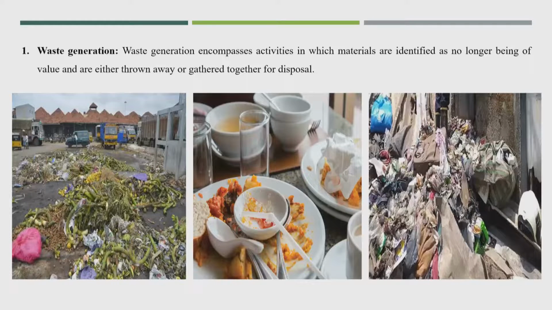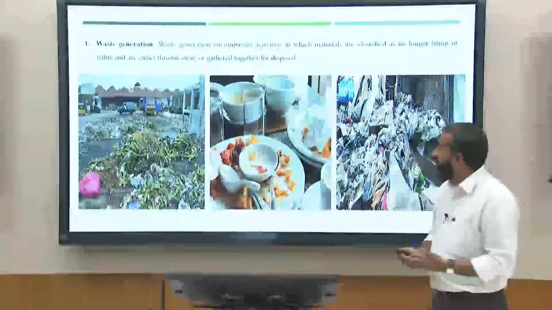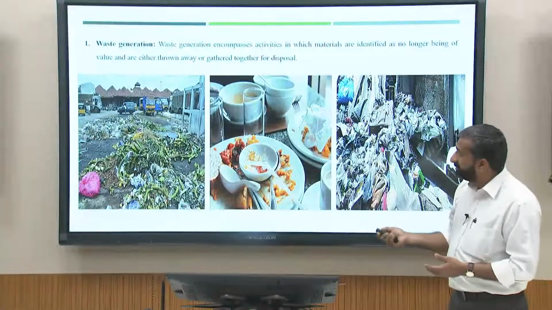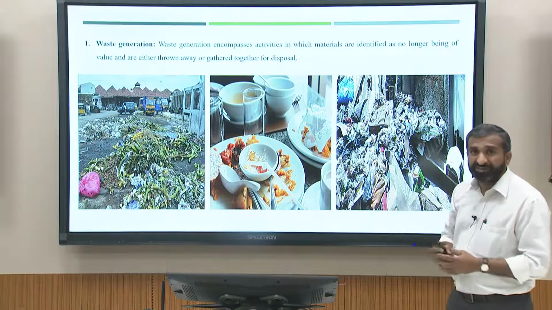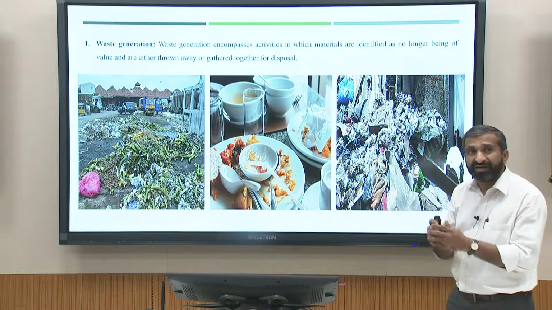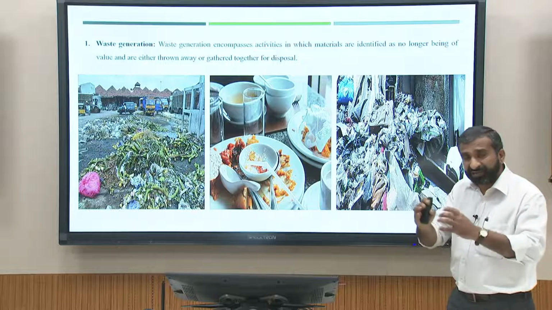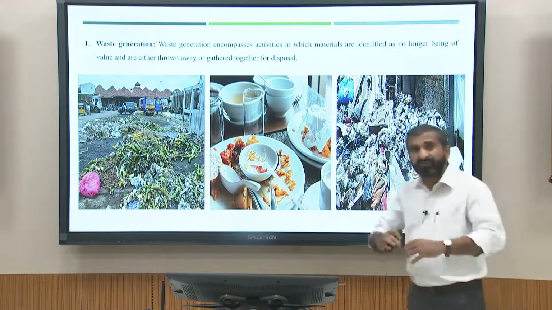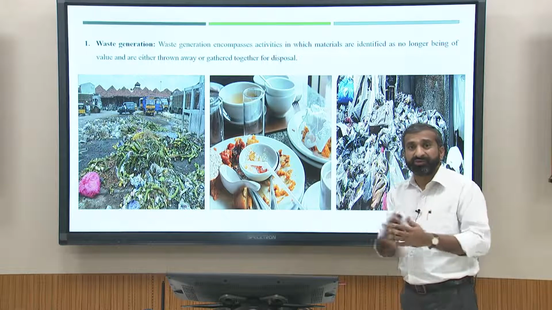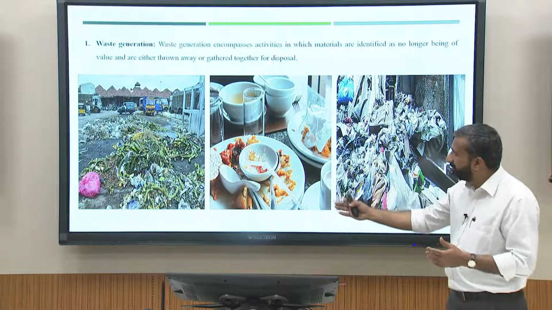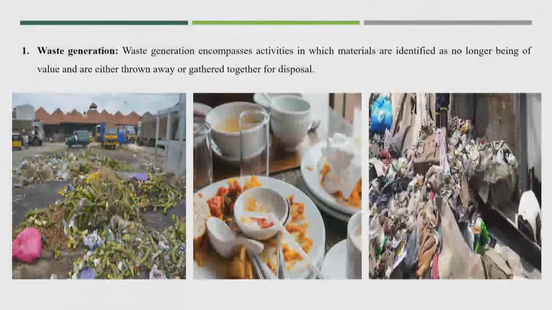Now, I have put in some photographs to understand what kind of waste is getting generated. This functional element is very important to know about the different types of waste generated, and also the different sources. One photograph is showing vegetable waste, the biological waste.